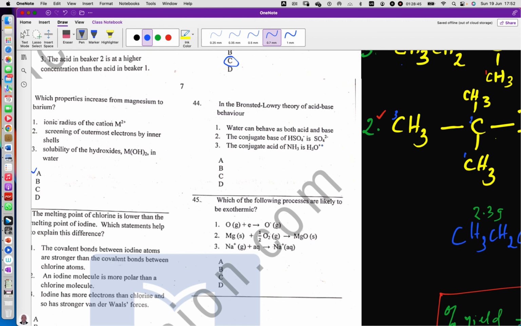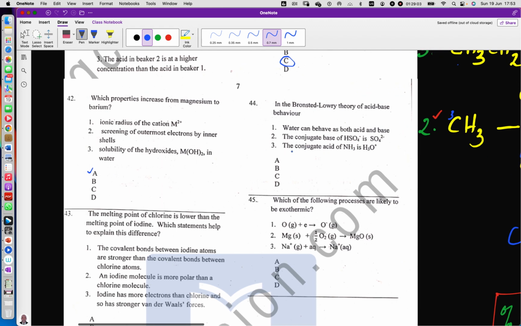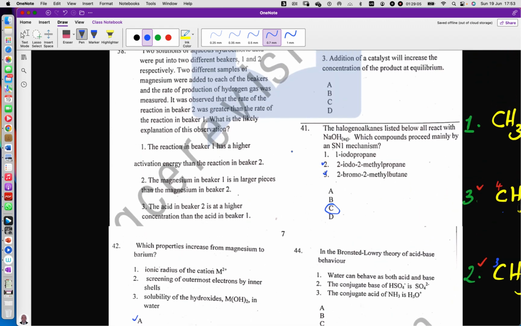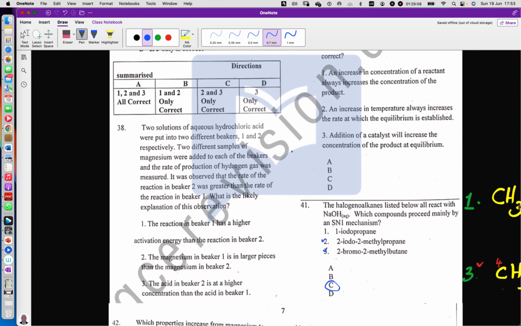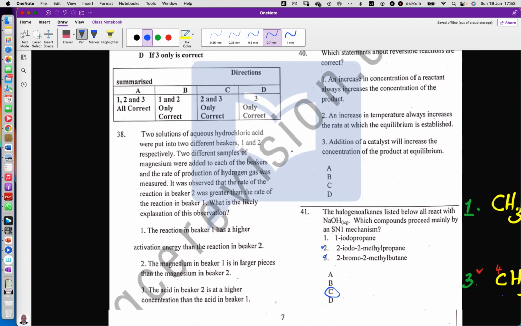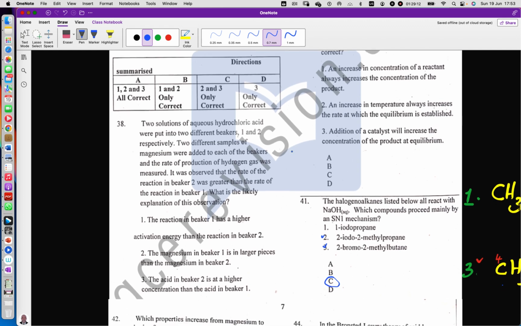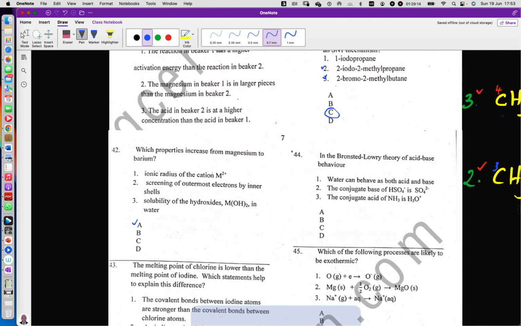And if this one accepts a proton, this is what will be formed. So if we take away hydrogen from here, this is what will be there, and there will be an additional one there. So in that case, 1 and 2 are the right answers. Our answer for question number 44 will be B. That's all.